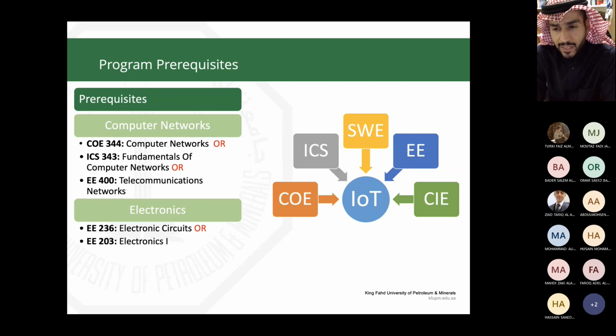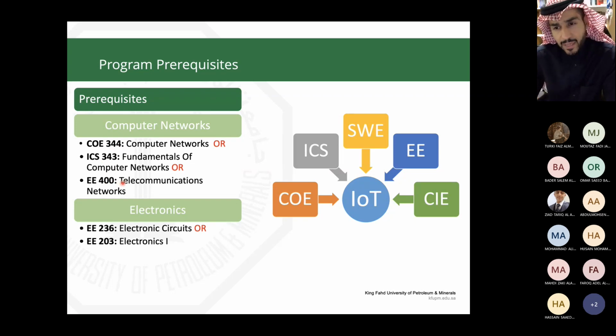So if you are an EE student or CISE student who is interested in taking this concentration, you will be required to take one of these three courses: COE 343, so COE 344, sorry, or ICS 343 or EE 400.